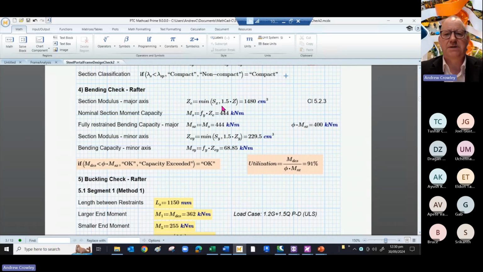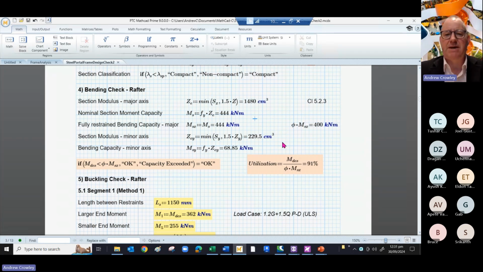So we begin with a basic bending check for the rafter, and we look at the section modulus, and we look at the section moment capacity, elastic in this case, so 444 kilonewton meters. So if it's fully restrained, the section capacity is going to be 444 for that beam. And putting on a strength reduction factor, we get a capacity of 400 kilonewton meters.